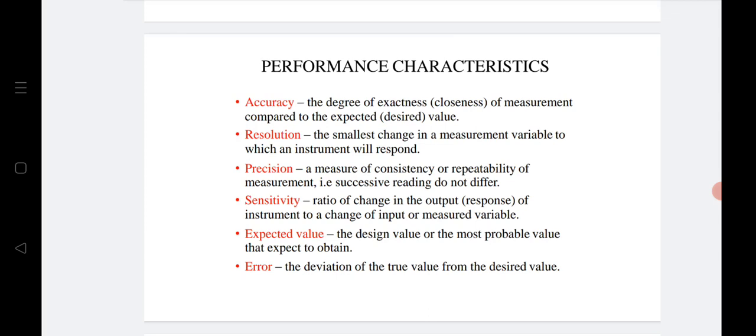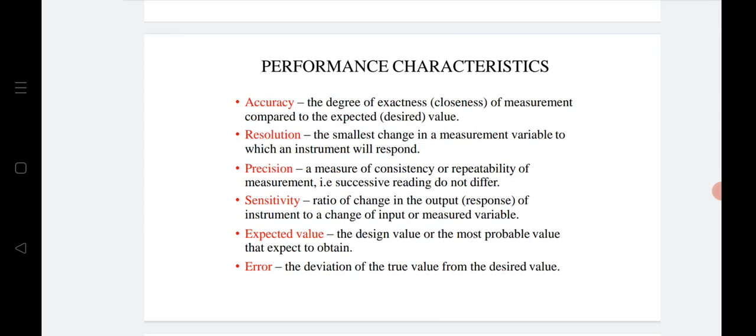Error is nothing but the deviation of the true value from the desired value. I need to get 1 kg, but I am getting only 900 grams. So I'm losing 100 grams over there. That is nothing but the error in my instrument.